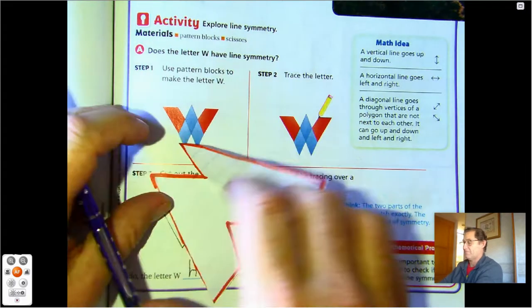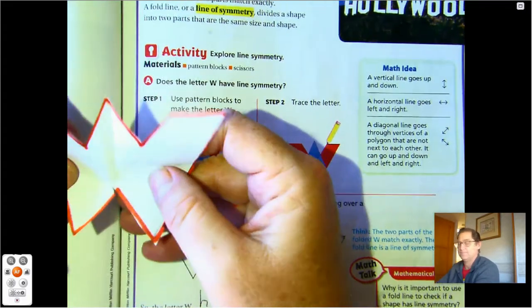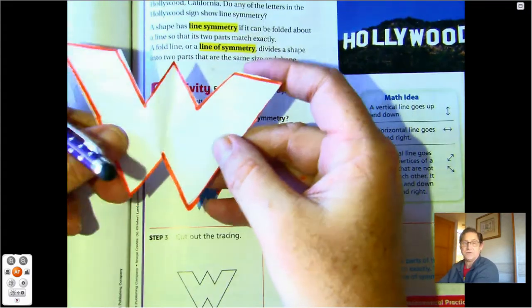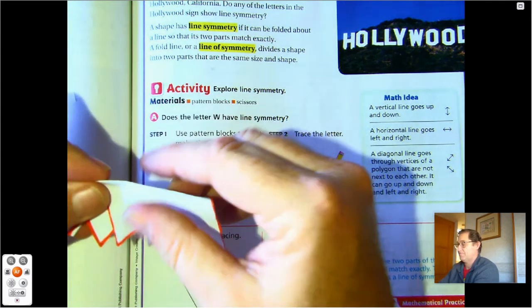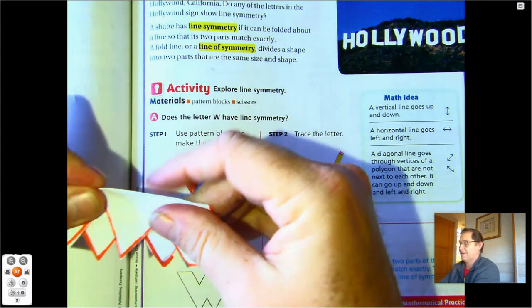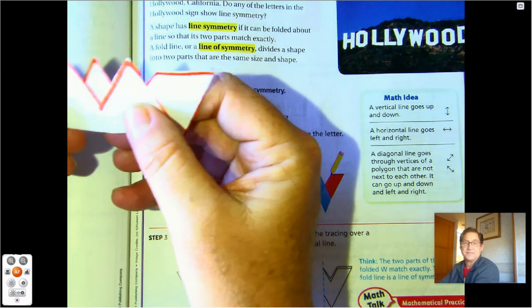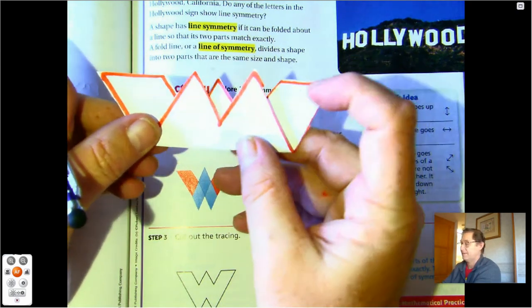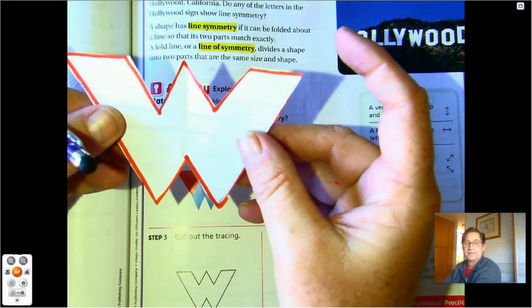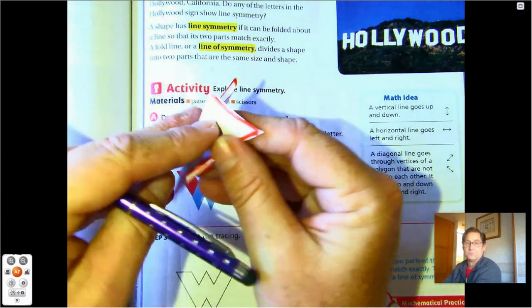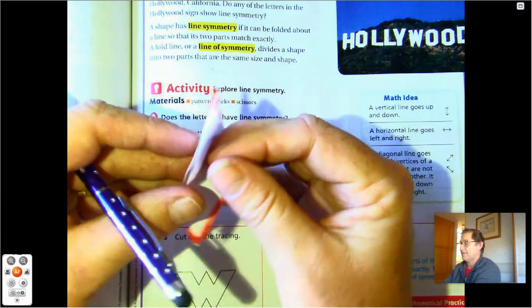Now, would it work if I did it horizontally? Take your W, fold it in half, left to right, and you notice that the pieces don't line up. Okay, so there isn't horizontal line symmetry. There is vertical. And how about diagonal?